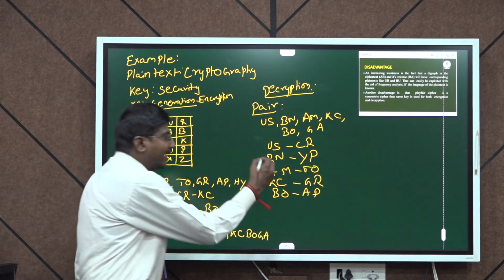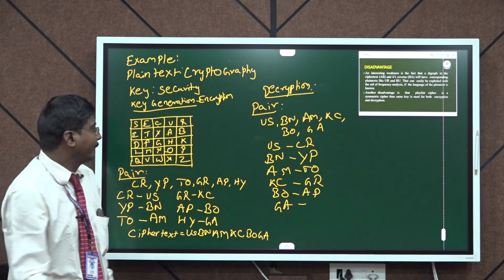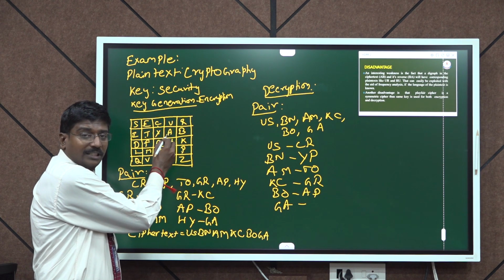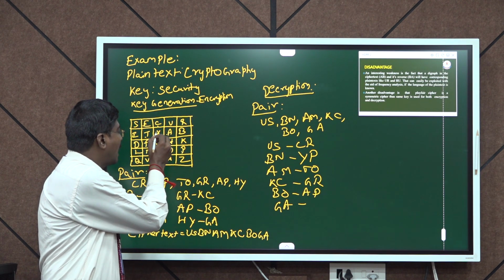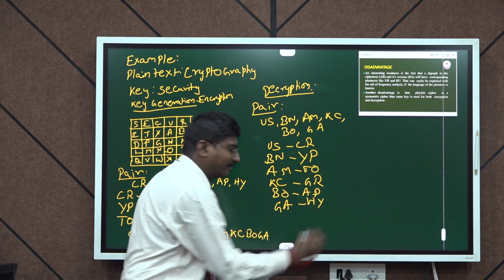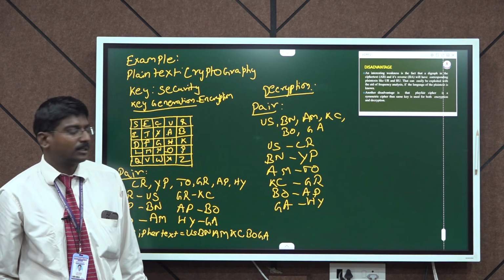The final pair is GA. G is here, A is here. The opposite corner is H and Y. So now we have completed the decryption process.